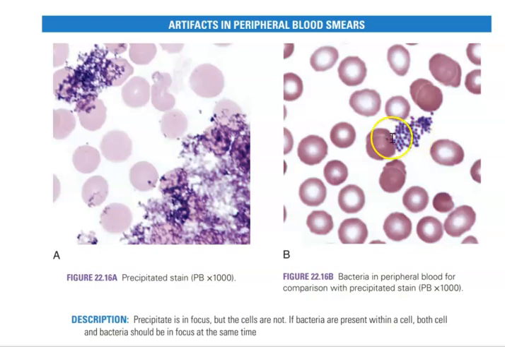But as far as making a blood smear slide and counting cells, it would be considered an artifact for cell counting purposes. And if your red cells are in focus, the bacteria should be in focus.